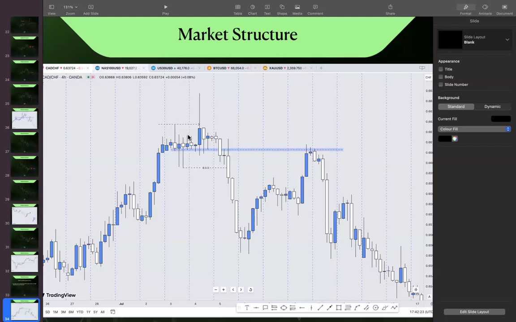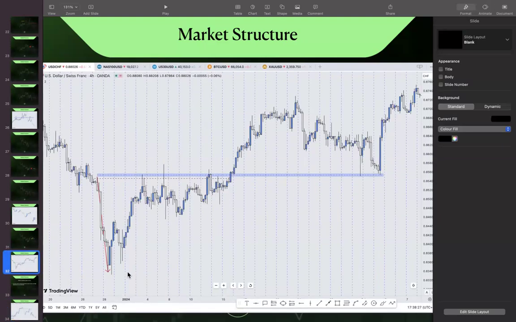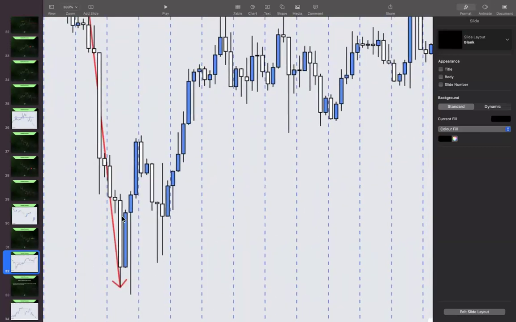So price first took out a high, then broke structure. Now, I left this out so that I can show you afterwards. If we look at this impulse over here, we had that impulse first, then we had a pullback. Now, if we look at this, we had a drop, small pullback, but then what happened?